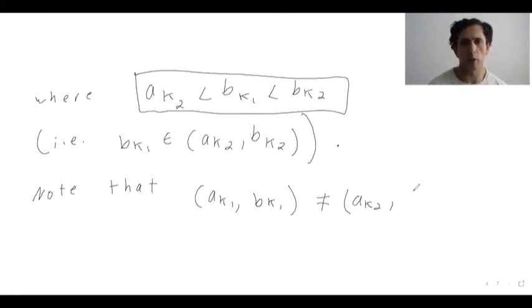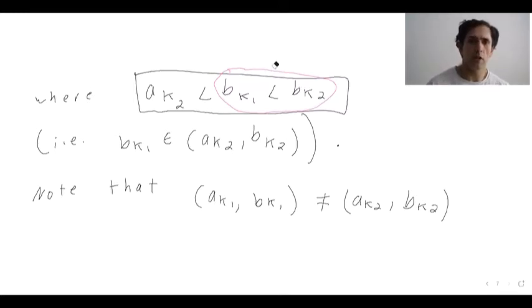Waldo is right in front of you and you might not be able to see him. So these two intervals cannot be the same because BK1 is less than BK2. For two open intervals to be the same, you have to have both endpoints being the same.